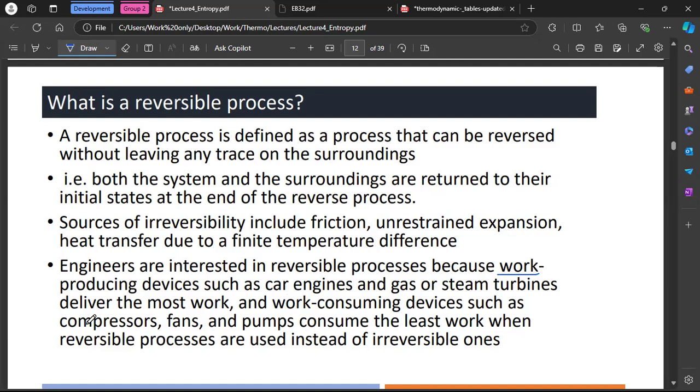And if it is going to consume work, then it's going to consume the least work possible. Is that okay? So you want a system that can take a little amount of work and do a lot of work. That's where reversible processes come in. So it's only reversible processes that can use a smaller amount of work and deliver a lot more work when you compare it to irreversible processes.